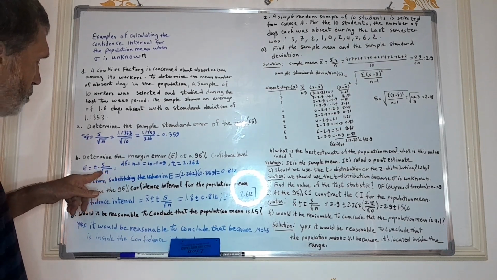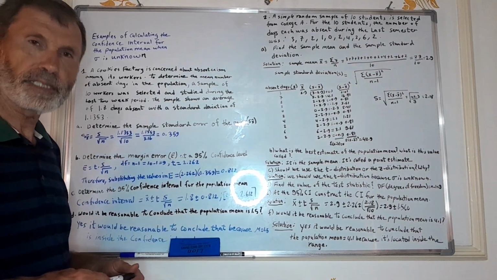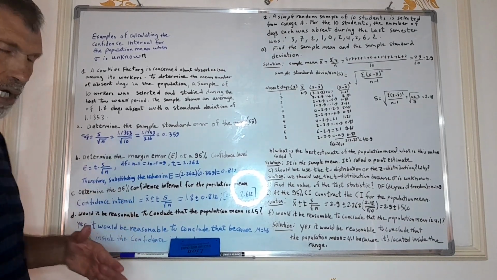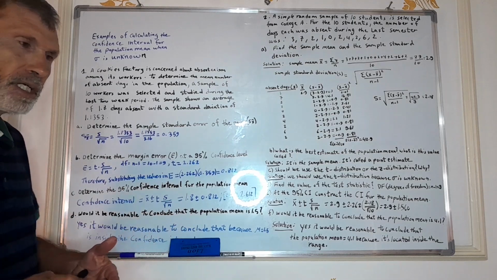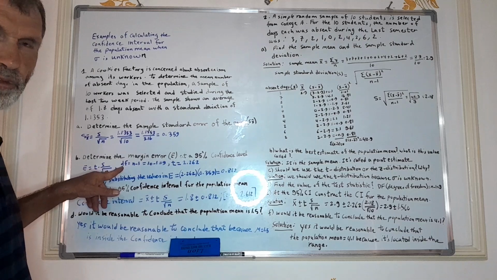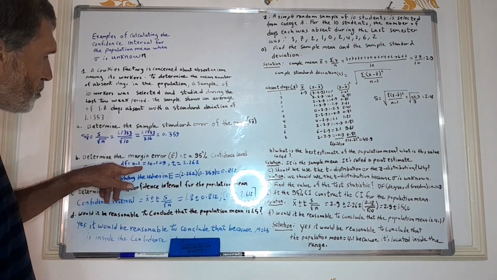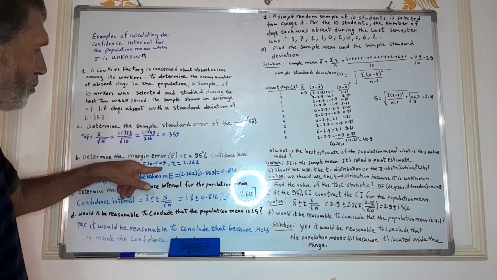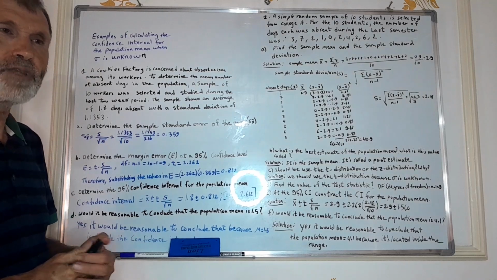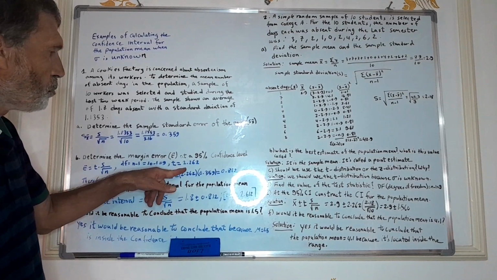To calculate t, we have to go to the table. We have already talked about how to use the t distribution table in the appendix. First, we find the degrees of freedom, df, which is equal to n minus 1. We have 10, so 10 minus 1 is 9, and then we go to the t distribution table and come up with t equal to 2.262.